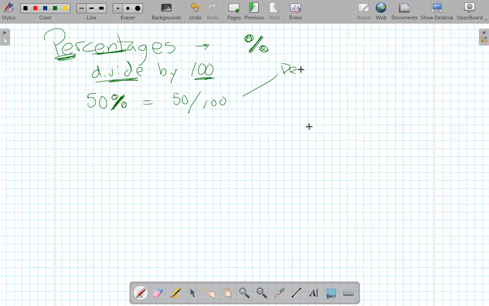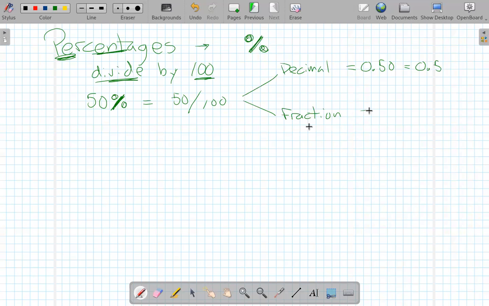We could do the decimal version, which often we'll use a calculator, but we don't have to, or we could do the fraction version. So if I go for the decimal version of that, 50 hundredths, I might write it like that. 5, 0, the zero's in the hundredths position, so that's 50 hundredths. Now we know that trailing 0 is irrelevant, so we could also call this 5 tenths.